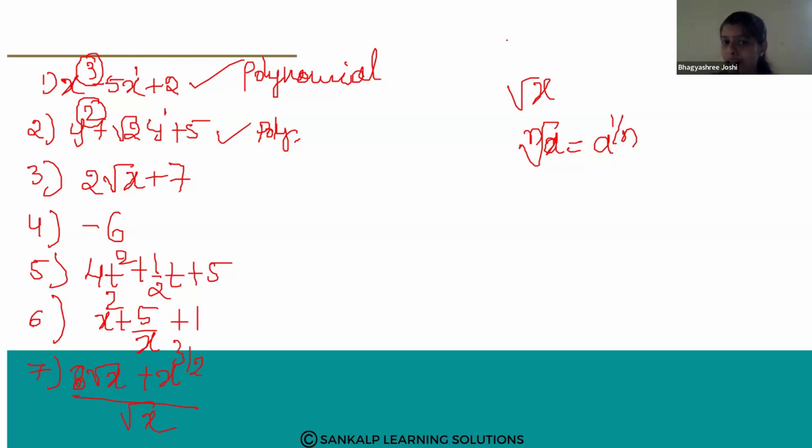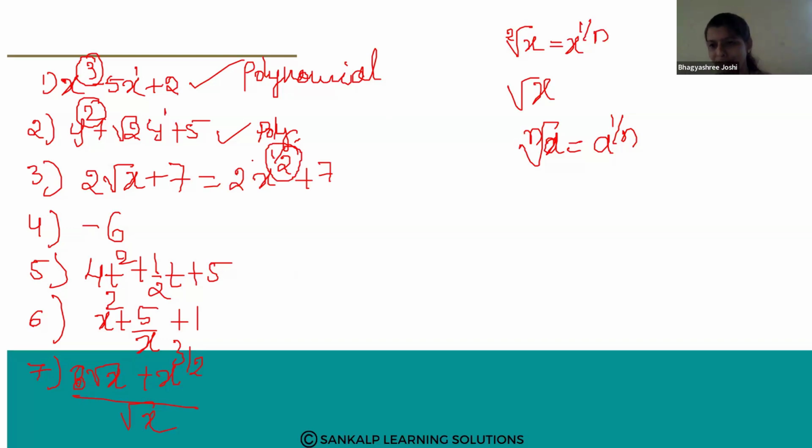Here, for the square root, nothing is written, which means 2, square root. So root x is written as x raised to 1 by 2. Here 2 root x means 2 into x raised to 1 by 2 plus 7. That means the power is 1 by 2 here. It is a fraction. If the power is a fraction, is it a polynomial? Just think. No, it is not a polynomial.